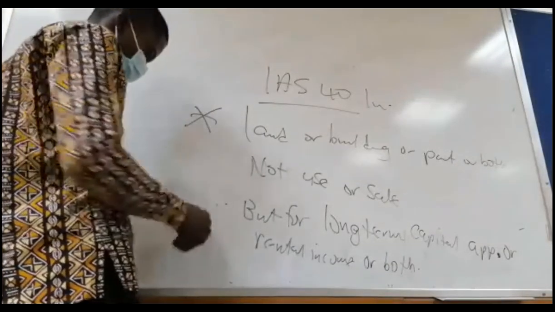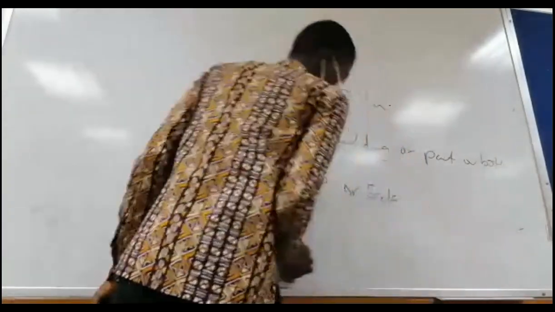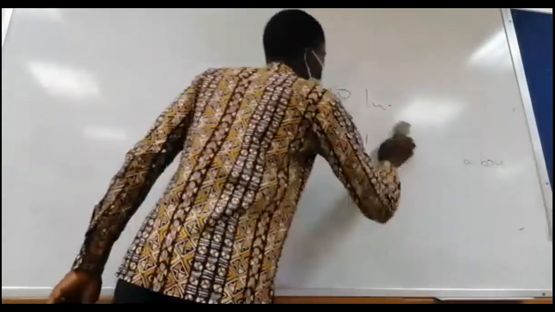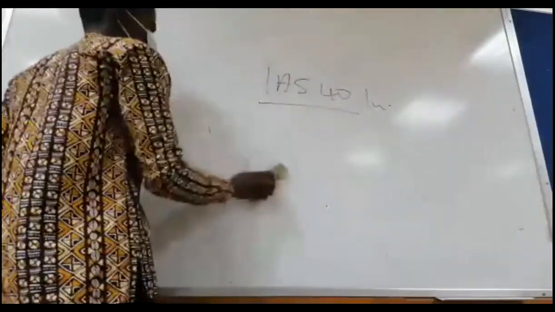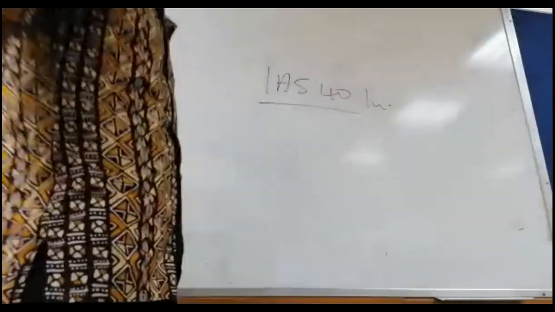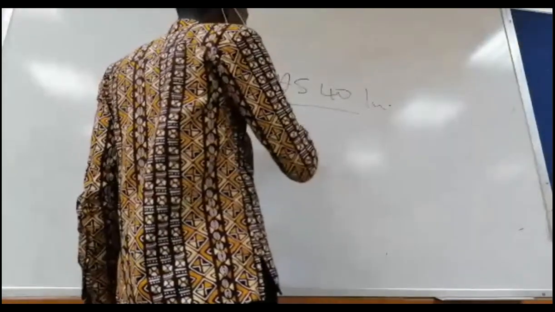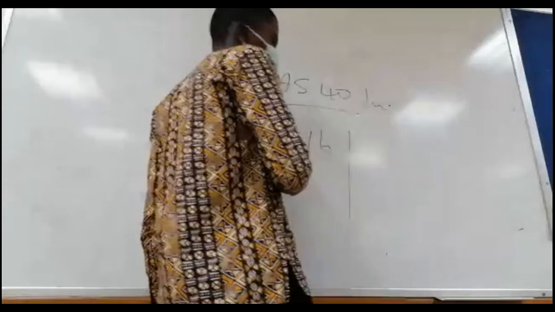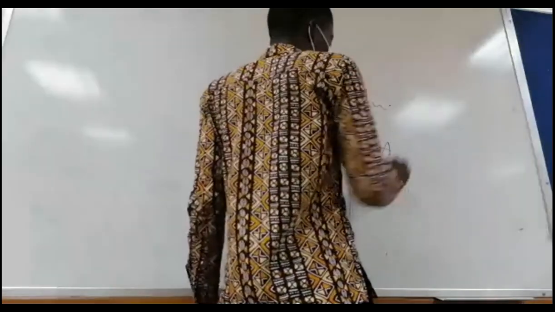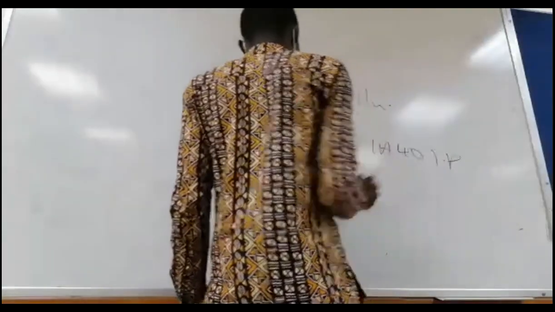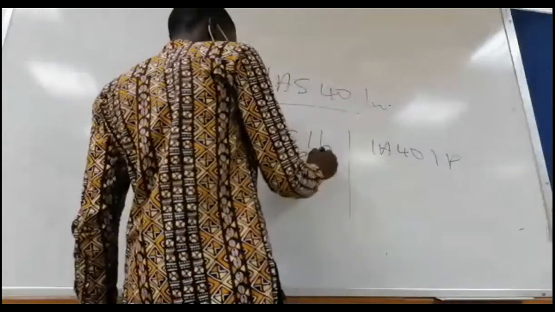Now, let's look at subsequent measurement critically. Under IAS 16 versus IAS 40, which is called investment property, this one is PPE.